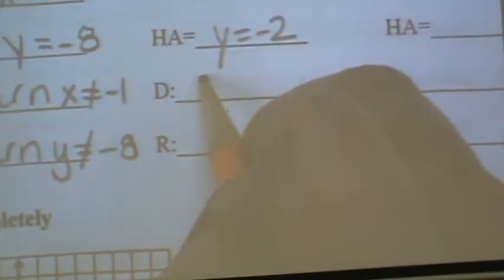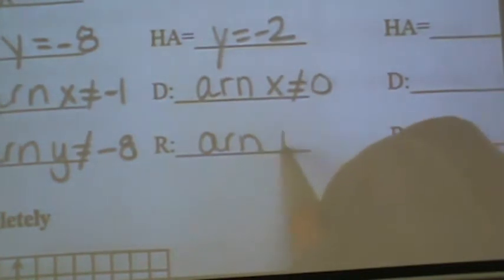Next one. X equals 0. What else? Y equals -2. All real numbers, x cannot be 0.